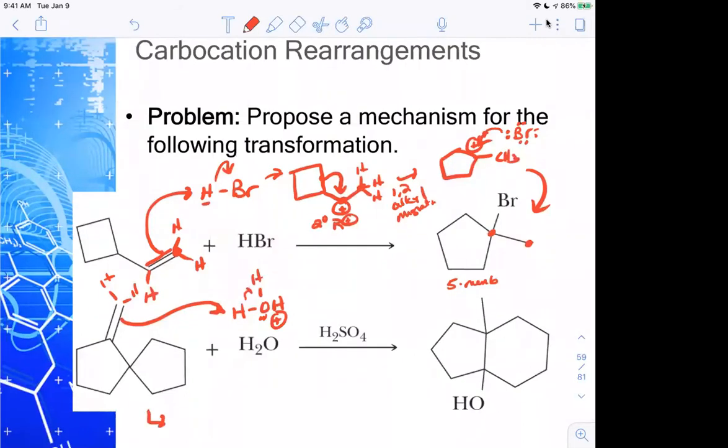What I'm going to get is this spirocyclic system. And what I'm going to end up with is this secondary, this is actually a tertiary carbocation. But what's going to happen is this bond is going to migrate, and it's going to migrate because now I have this 6,5 system.